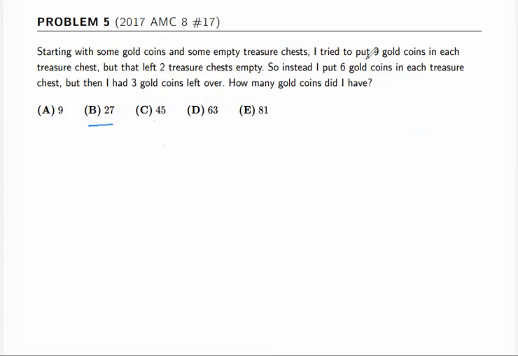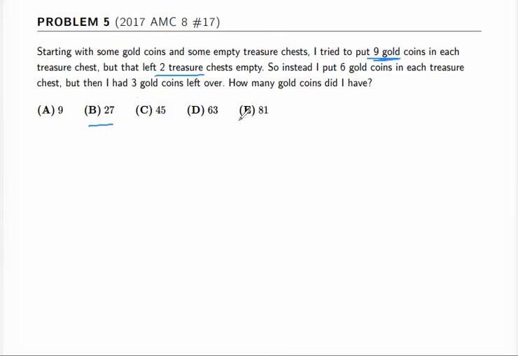If you place 9 gold coins in each treasure chest and you will have 2 left empty, right? Which means, if you want 27 gold coins, you should have 3 times 9, which is 27. The only way that will happen is if you have 3 filled chests, and if there are 2 empty, that means the total has to be 5, based on 27.